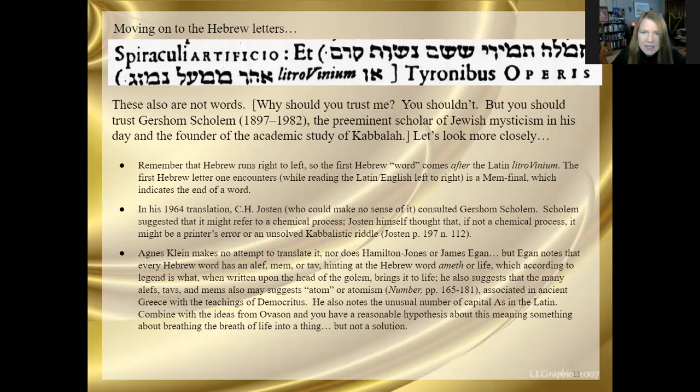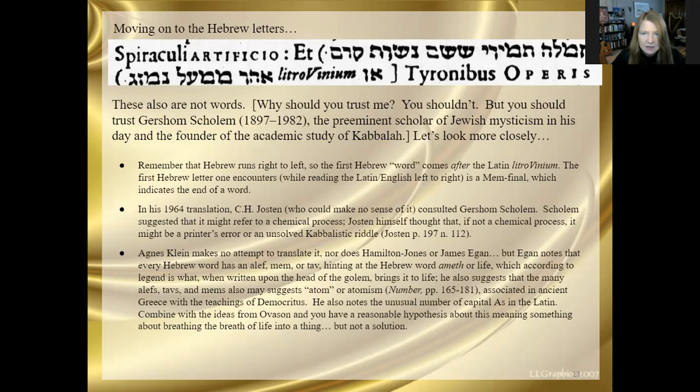And he also noted, just looking at these letters in Hebrew as letters, knowing no one could figure them out, that there's a lot of aleph, tav, and mem. So maybe that suggests truth, emet, but also atom, or atomism in Greek, since that's associated with Democritus, and Dee is referring to Democritus, or actually a pseudo-Democritus, someone he thought was Democritus who wasn't.